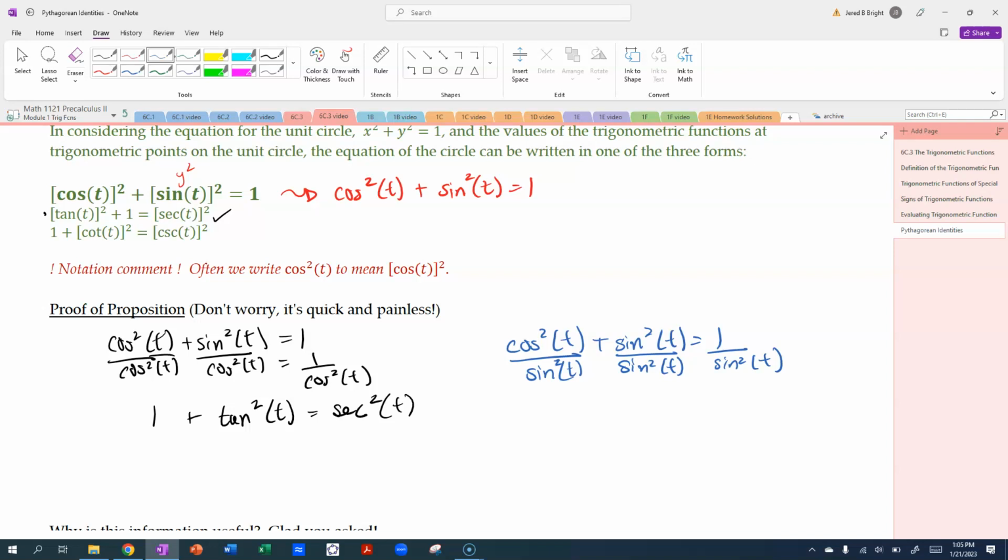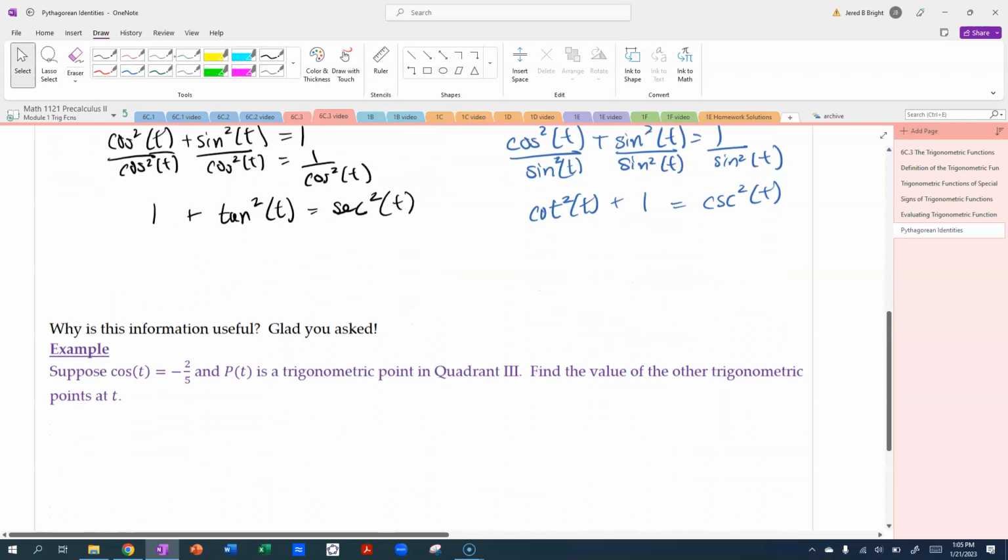So cosine over sine, that's the reciprocal of tangent, better known as cotangent, and we have to have that squared because both are squared. Sine over sine is 1, and then 1 over sine is cosecant, and that's squared of t. Okay, and that would be my third identity. I have cotangent squared plus 1, tomato, tomato. Okay, there we go. Very quick proof.